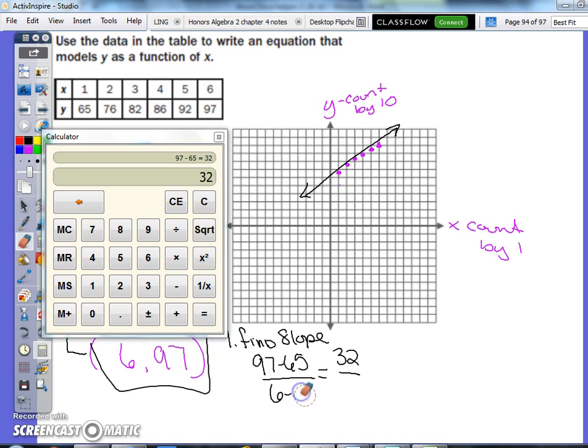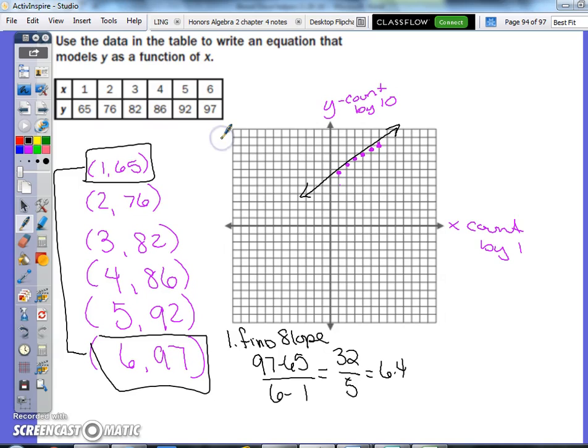Sorry, I'm putting the wrong point. 6 minus 1, so over 5. So roughly, you're going to have a slope of 6.4.